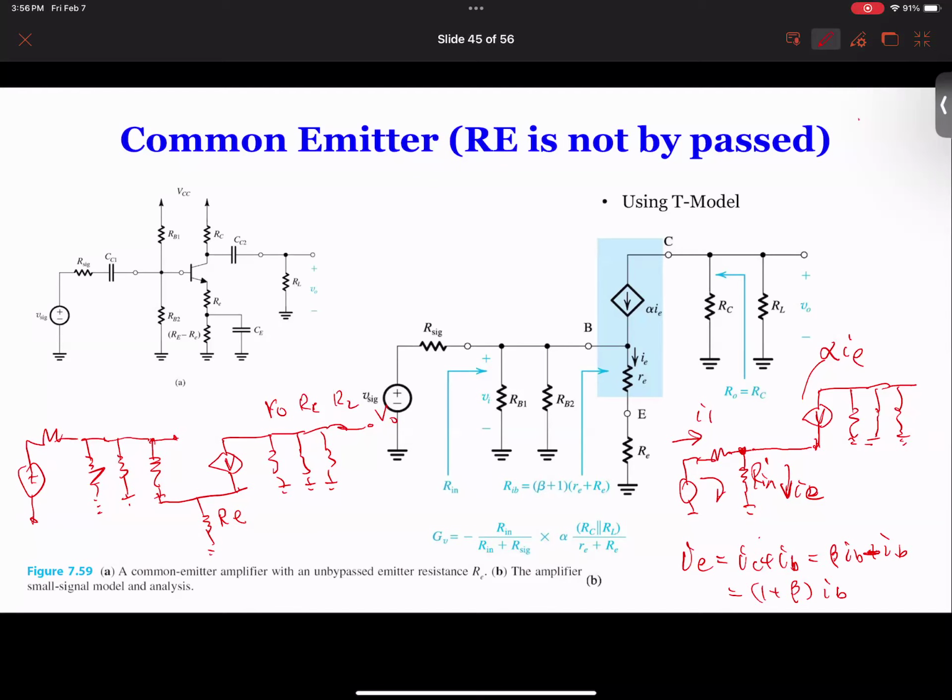So therefore, you already know how much current is flowing here, and you use that IB. You use alpha times IE, where alpha is beta over 1 plus beta, right? And then you can eventually find out how much is here. So the nodal analysis here becomes really easy: IB plus IC equals IE.